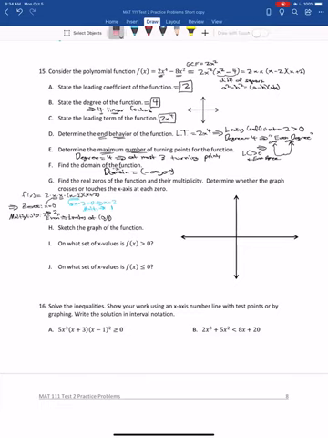It's only used one time, so you only see one factor of x minus 2. So again, that defines our multiplicity. This time we have an odd multiplicity, so that implies it crosses through.